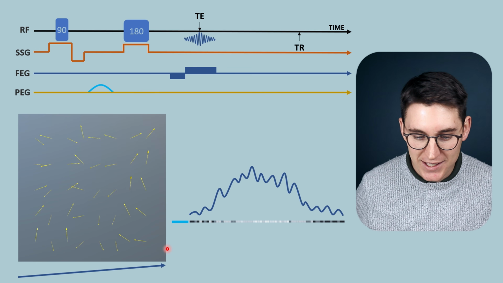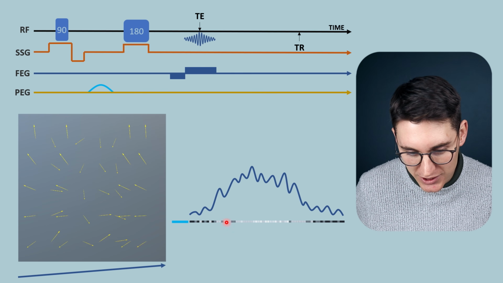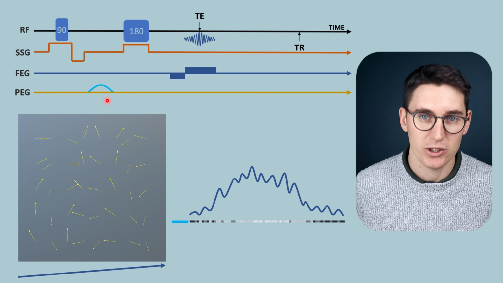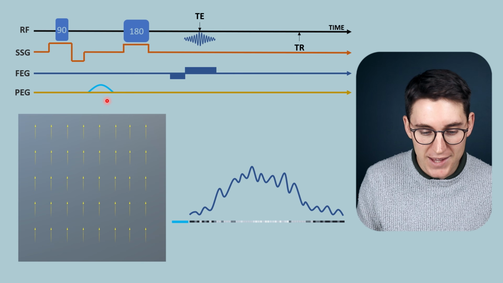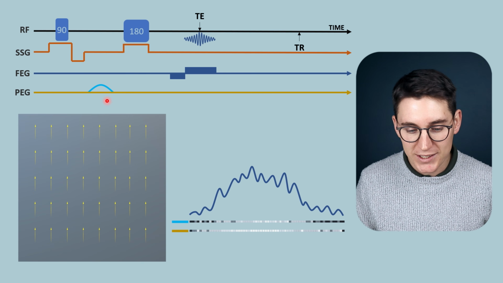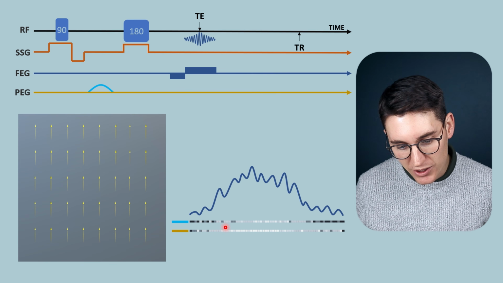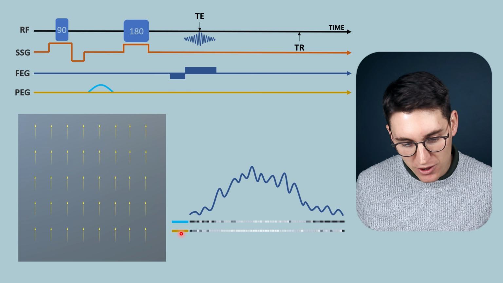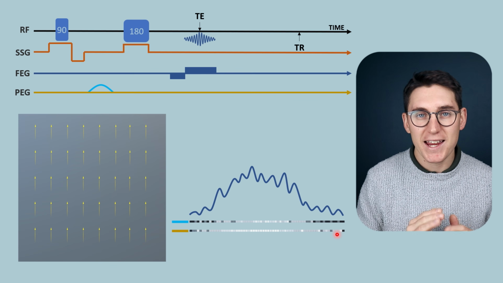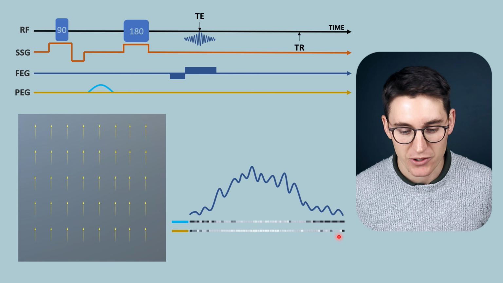Now we can take this data acquisition that we've got here and correlate it to the specific phase encoding gradient that we used. Now if we compare that to the signal that we generated without phase encoding, we can see that we've acquired two different data acquisitions. The first was the net magnetization vector over time without any phase change in the y-axis direction.